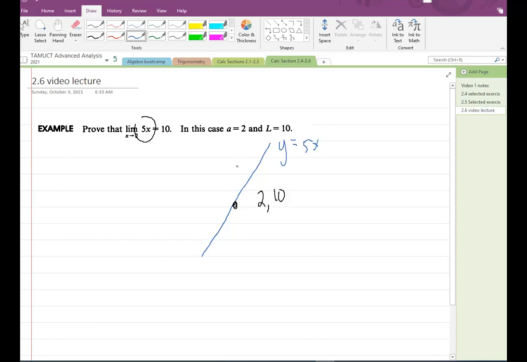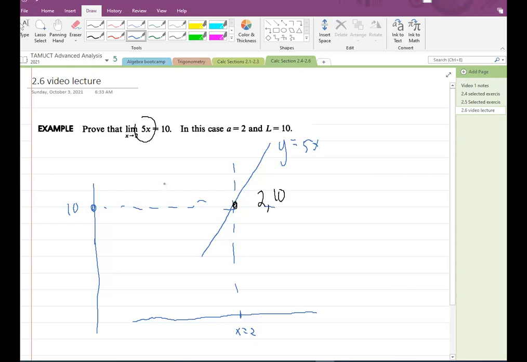If I go down to the x-axis, this would be the point x equals 2, and if I go over to the y-axis, this would be the point y equals 10. I'm not going to draw the full axis. Well, I guess I can, but the y scale would be different from the x scale.